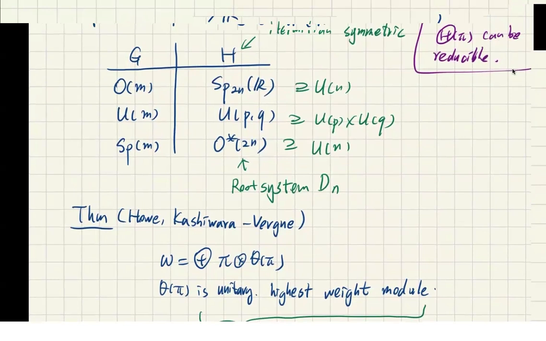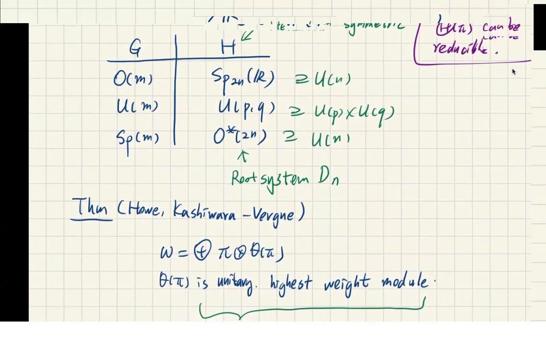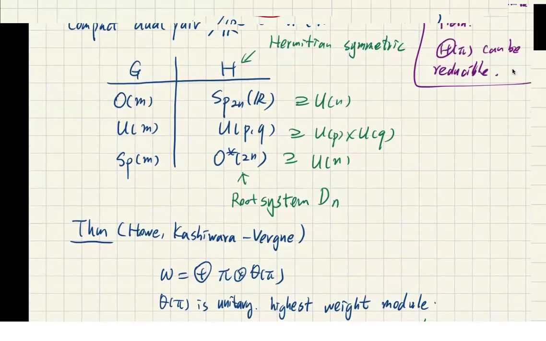Either G is the orthogonal group of a vector space, an R vector space of dimension m, so the orthogonal group for Euclidean space basically, and then H is a symplectic group, and you can have a unitary group. This will act on C^n. This will act on R^n.